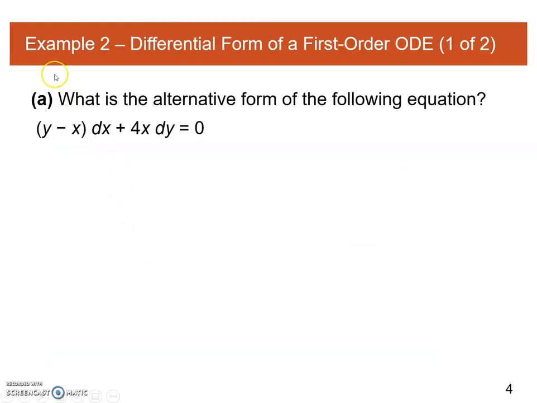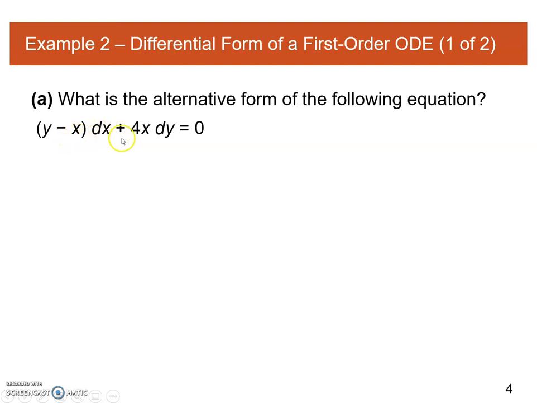Okay, let's now look at another example, which is example 2, differential form of a first order ordinary differential equation. This is a very trivial kind of question. The question is, what is the alternative form of the following equation? This is the equation, and you can see that there are some dx and dy terms which are called differentials.